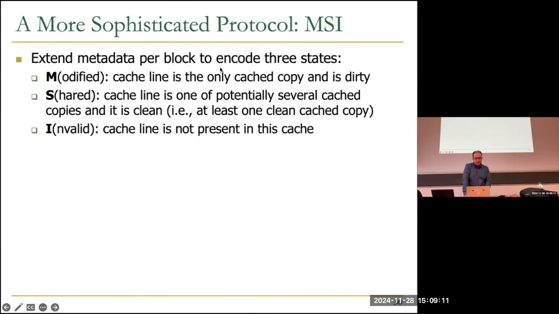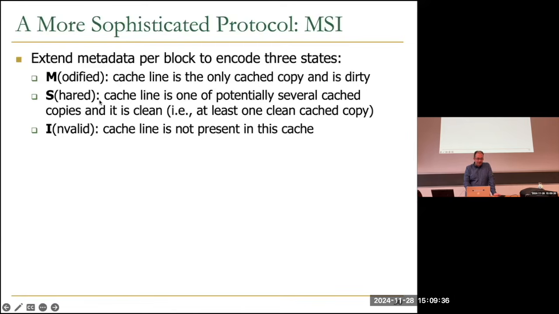It extends the metadata per block to encode 3 states. Modified means the cache line is the only cache copy and is dirty. Shared means the cache line is one of potentially several cache copies. Pay attention to this word potentially: it means this cache block is potentially shared, but not for sure shared.